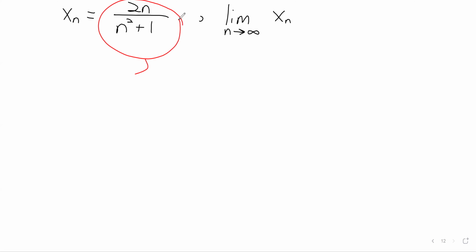But we can take the limit as n goes to infinity of this expression. As n goes to infinity, the top is going to infinity, and the bottom is going to infinity. So this is an indefinite form of infinity over infinity type. And we can hit it with L'Hopital's rule.